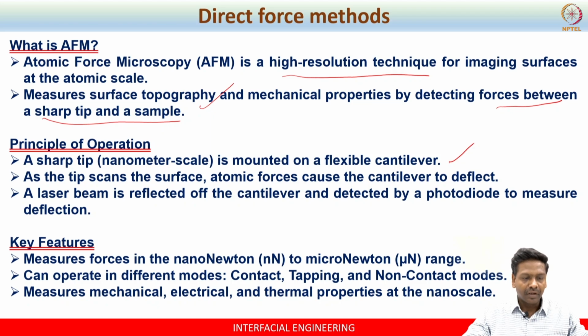Okay, right, as a result of interaction between the surfaces, these forces will make the cantilever deflect. Okay, by determining this deflection, one can again collect the information about the force versus the separation distance.